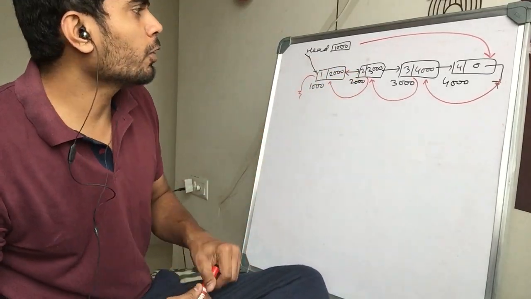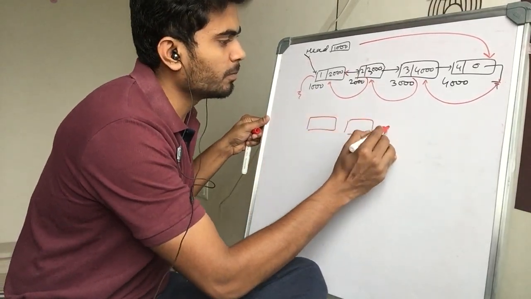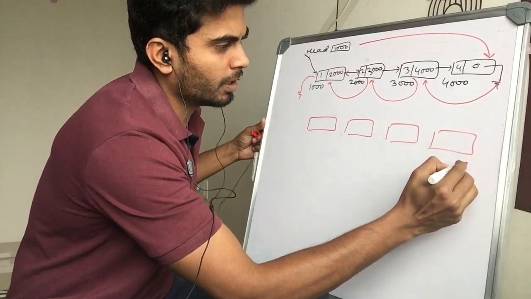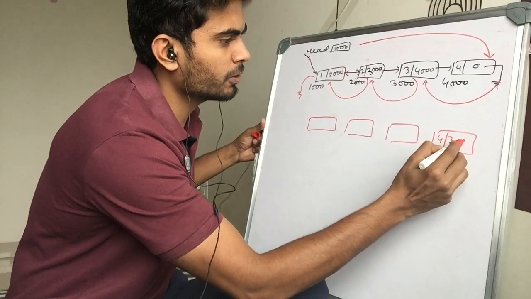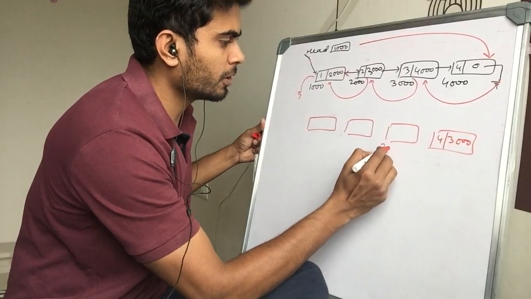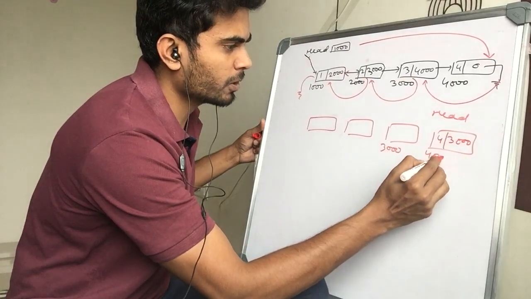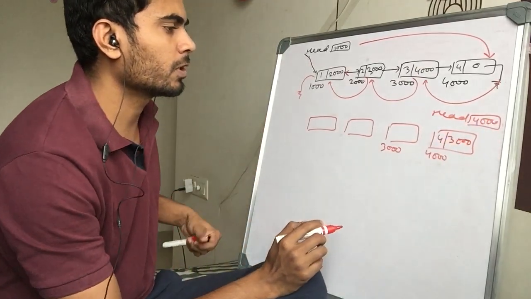So basically what you are doing is modifying the links in this list. Instead of pointing to null, it should point to the base address of the previous node, that is 3000. Head should point to the base address of this node, that is 4000. So head is pointing to 4000.